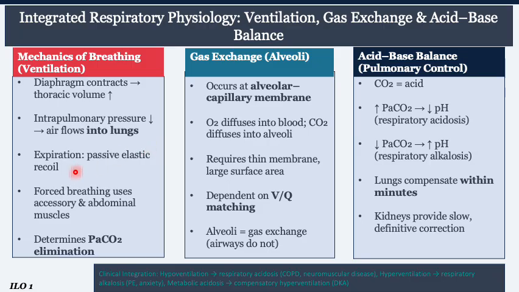On expiration, there's a passive elastic recoil. The accessory muscles and abdominal muscles are usually used during forced breathing. All of this helps to determine the partial pressure of carbon dioxide elimination.